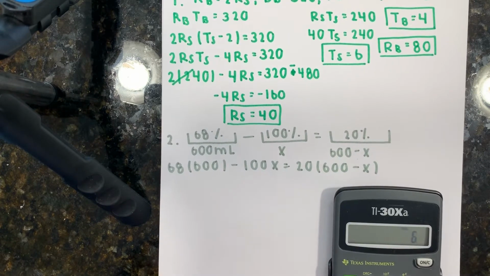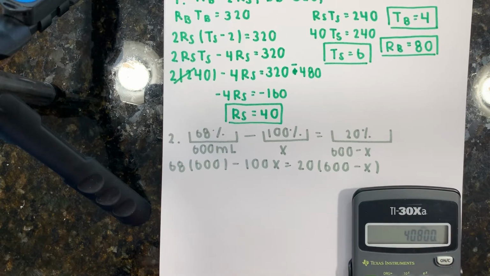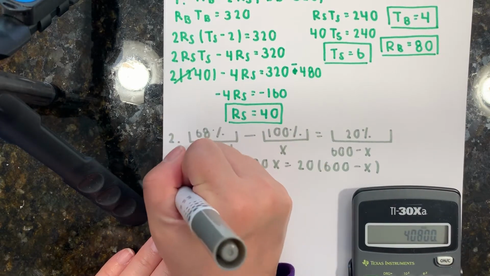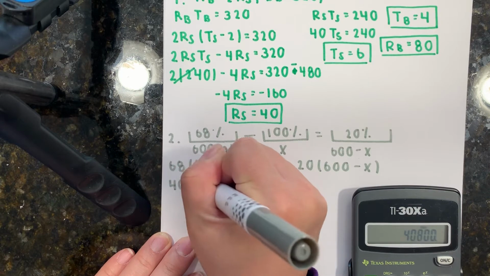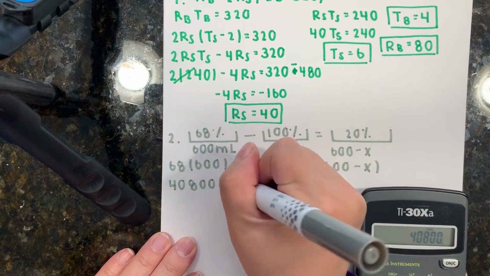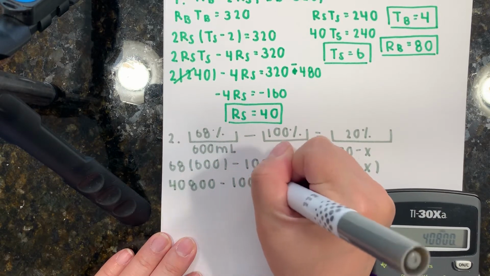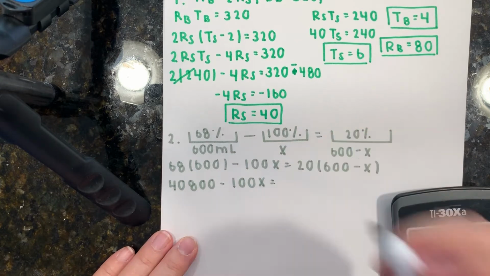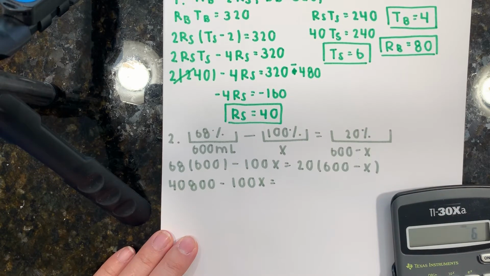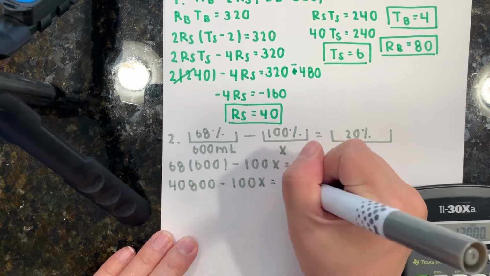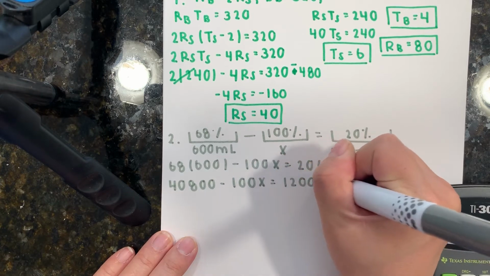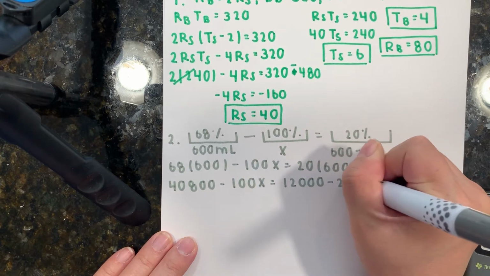So now I have 68 times 600, which would give me 40,800 minus 100x equals 20 times 600, which would be 12,000, and then minus 20x.